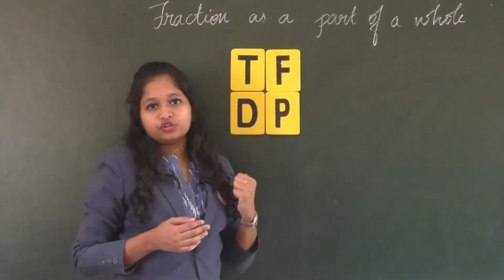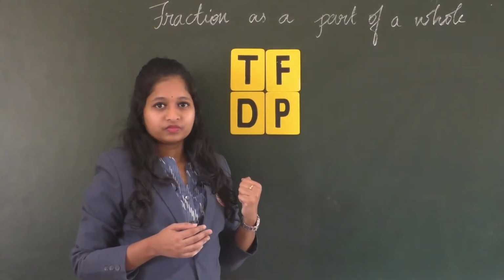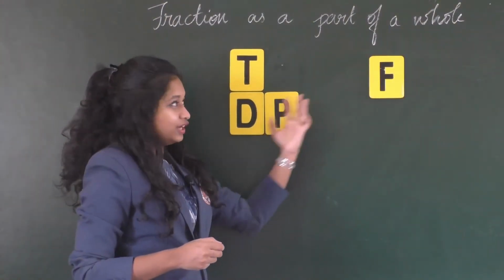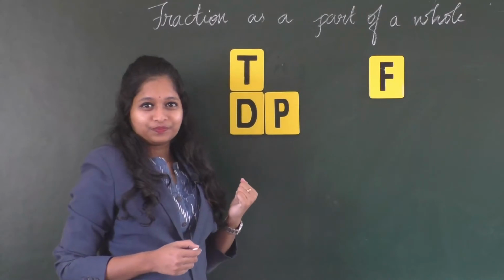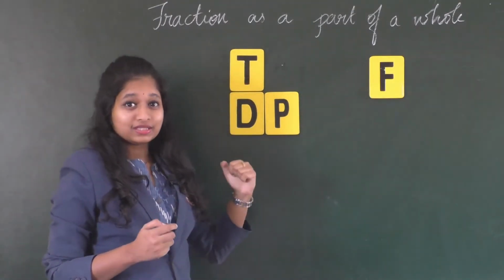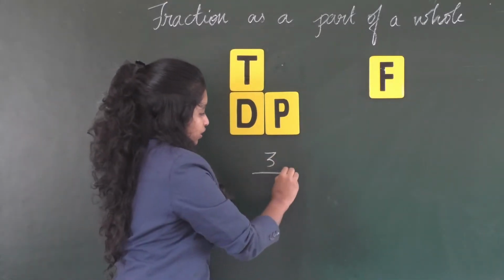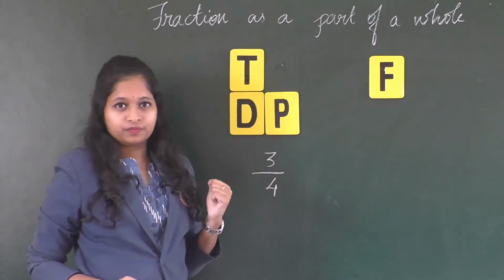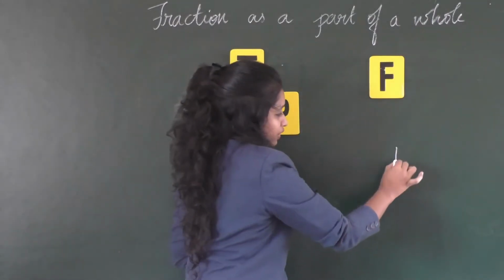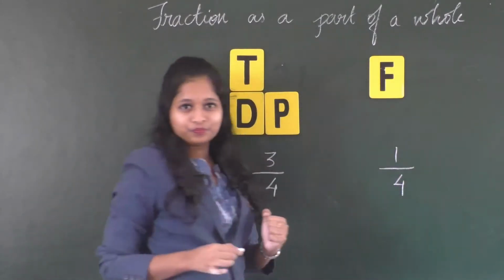If I remove one of the blocks, what will happen? Look here, I have removed one block, isn't it? Now what is the fraction here? It is 3 by 4, and this alone, it is 1 by 4.